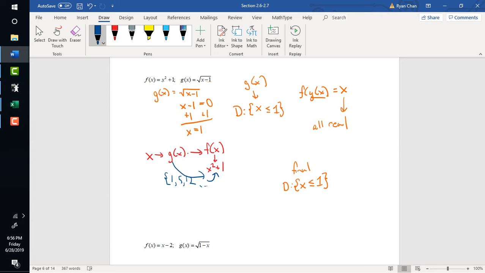If I plug in 12, I get 12 squared plus 1, that's 145. If I plug in 20, I'll get 401. Even if I plug in negative 200, I'll get 401 as well. So the idea is, it doesn't matter what value I plug in from g of x, it's going to be okay for f of x. So that's why, again, my final answer is domain x is less than or equal to 1.